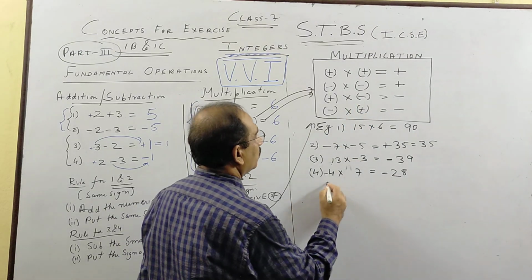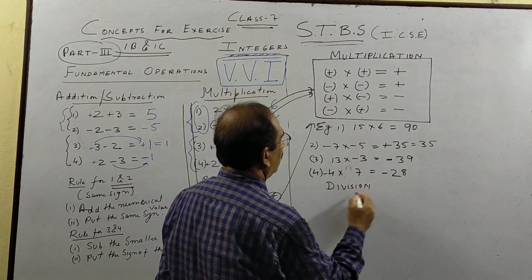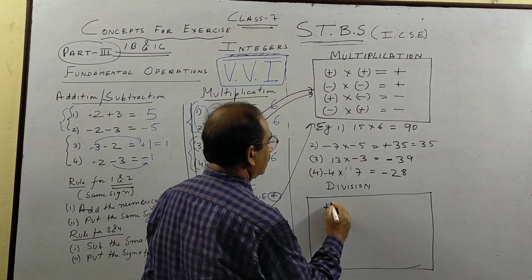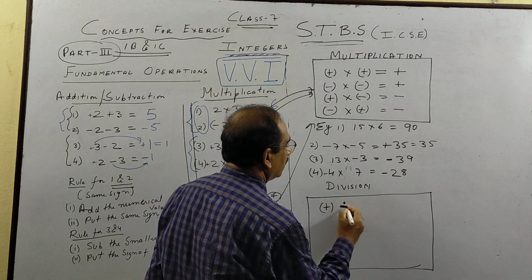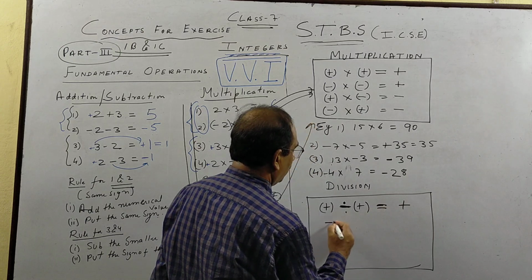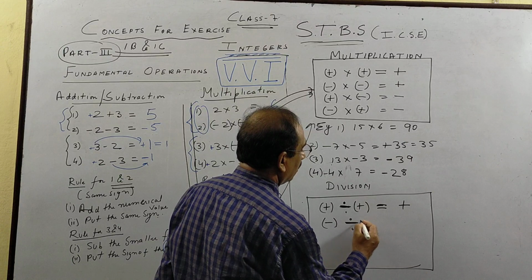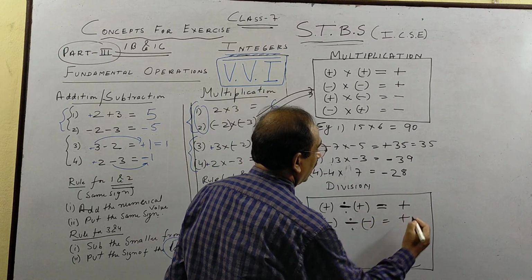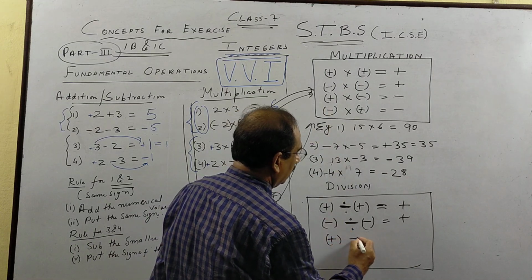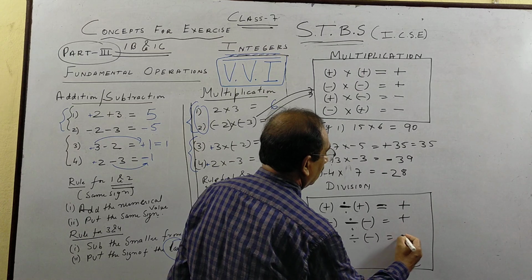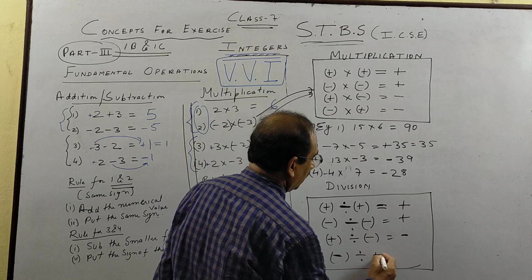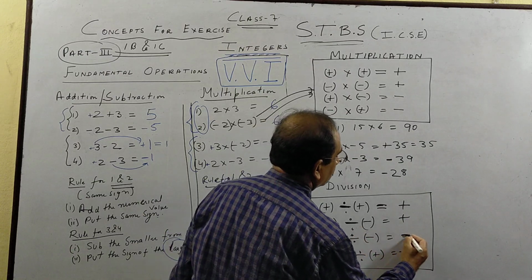So now we move on to division in the same way. Table you can see, we have the same way: plus divided by plus gives you plus, minus divided by minus gives you plus, plus divided by minus gives you minus, and minus divided by plus also gives you minus.